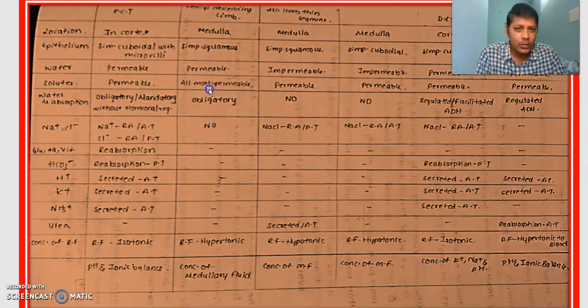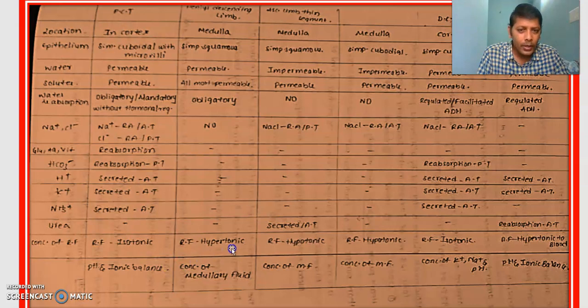Solutes are not reabsorbed here. Glucose, vitamins and amino acids are not reabsorbed; reabsorption of these occurs in PCT. And HCO3 minus, no secretion here, only reabsorption of water, all the rest are not there.